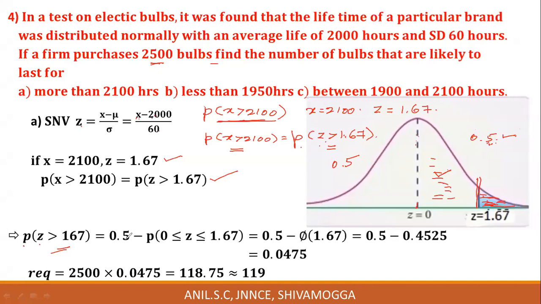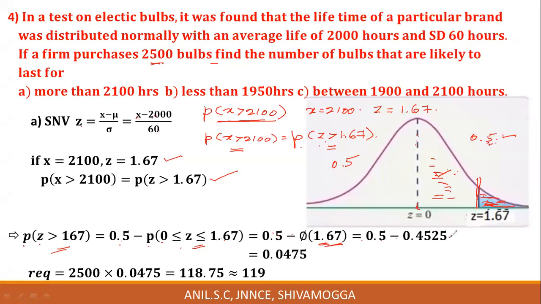Therefore, this can be written as 0.5 minus this unshaded area. The unshaded area takes values from Z equal to 0 to 1.67, denoted by phi of 1.67. This is equal to 0.5 minus phi of 1.67.